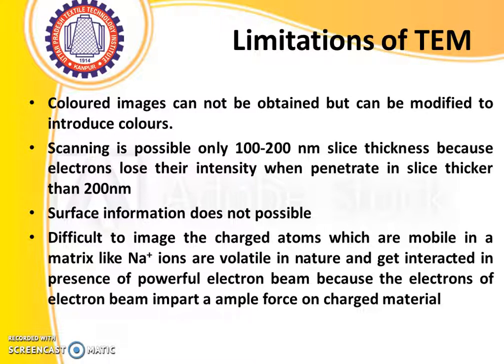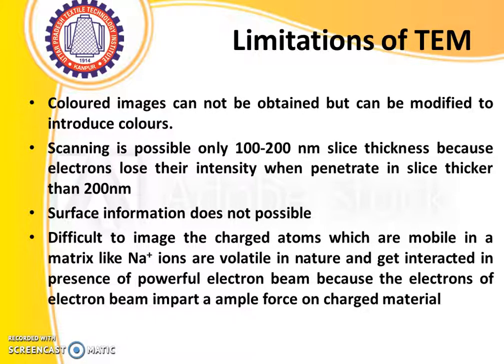So surface information is not possible, but when the electron is transmitted through the material, it interacts with the electrons, protons and neutrons that come in the way of that electron beam. So finer morphological information is obtained by means of TEM scanning.